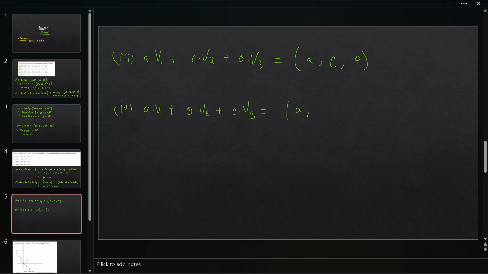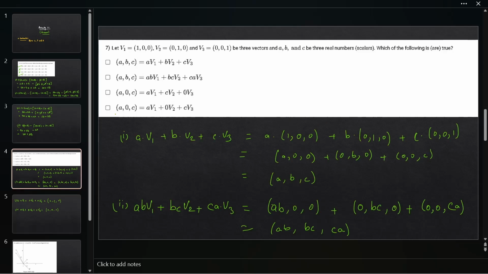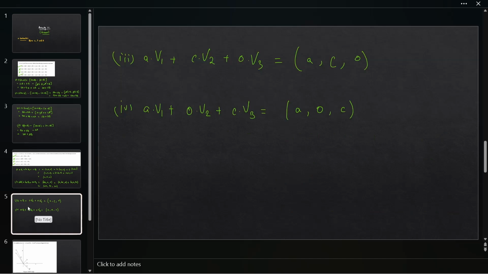A will appear in the first place because it is the coefficient of V1. 0 will appear in the second place because it's the coefficient of V2, and C, because it is getting multiplied with V3, will appear in the third place. So A times V1 plus 0 times V2 plus C times V3 is going to be A, 0, C. So option 4 is correct. Option 3 was incorrect, option 2 was incorrect, and option 1 was correct. So this was the solution of your question 4.